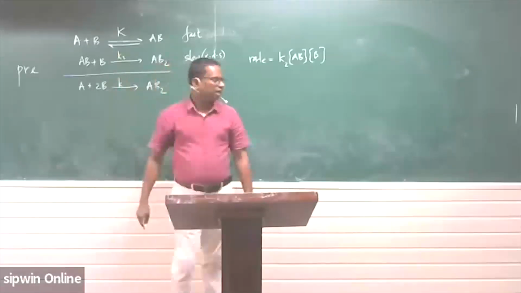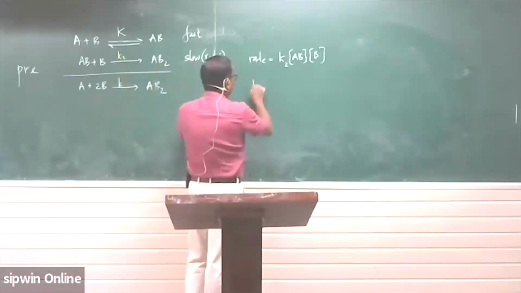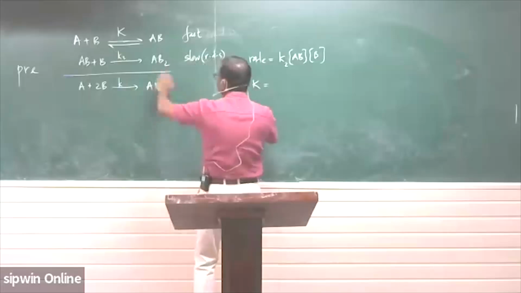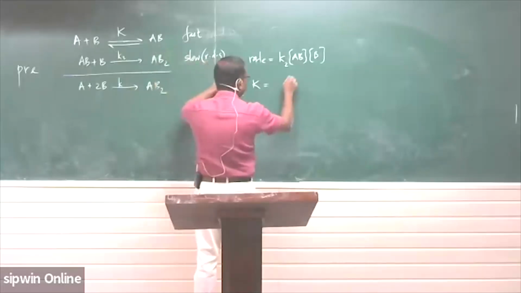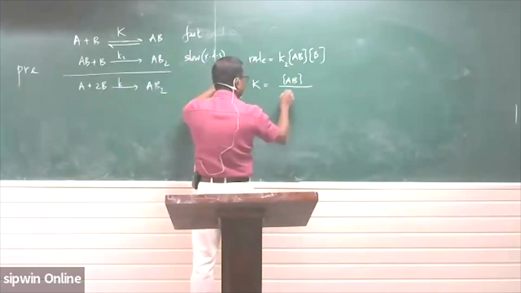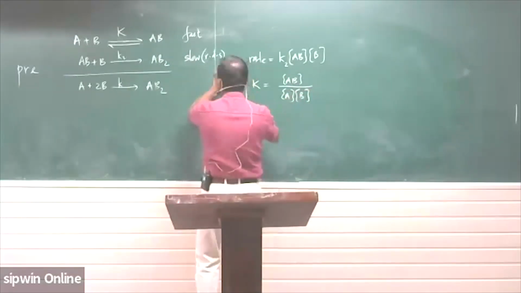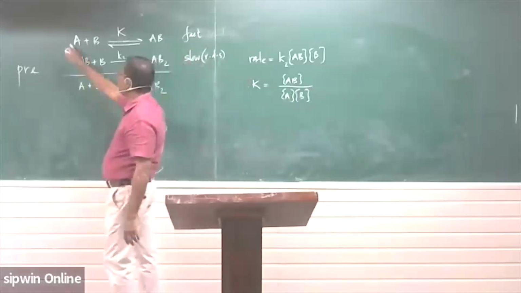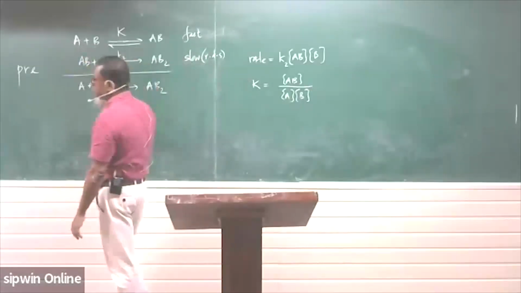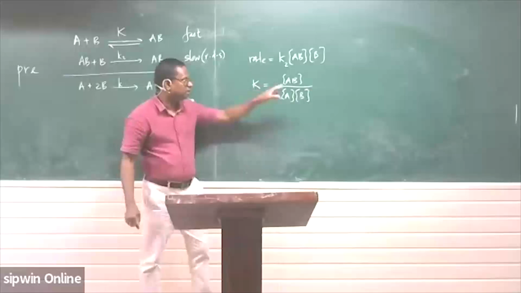I can write the equilibrium constant K equal to AB concentration divided by A concentration, B concentration. If there are coefficients here, we take those as the powers.